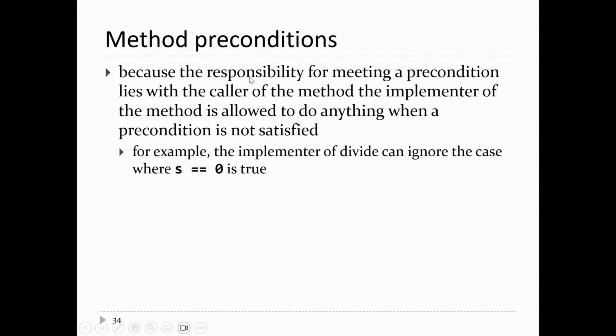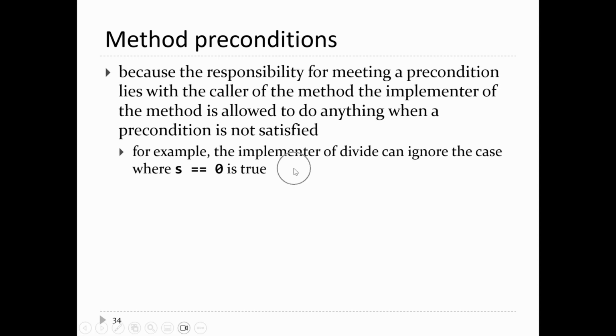Okay, so look. The responsibility of meeting a precondition lies with the caller of the method or constructor. So it's the person that's using the method. They're the one that's responsible for making sure that they pass in correct values. And so that means that you, as the person implementing the method or constructor, can do whatever you want if the precondition is not satisfied.